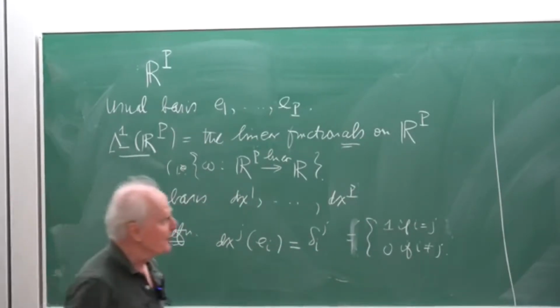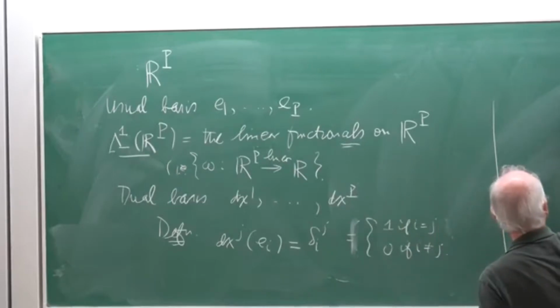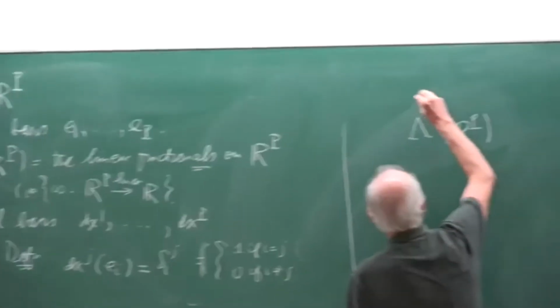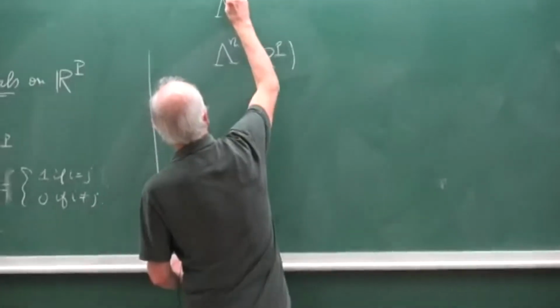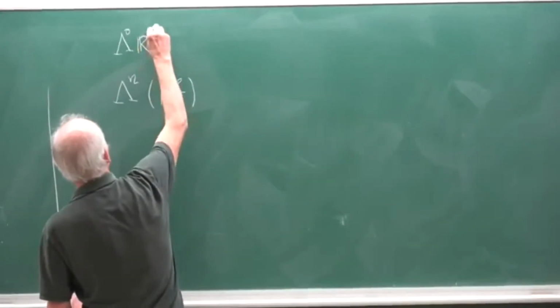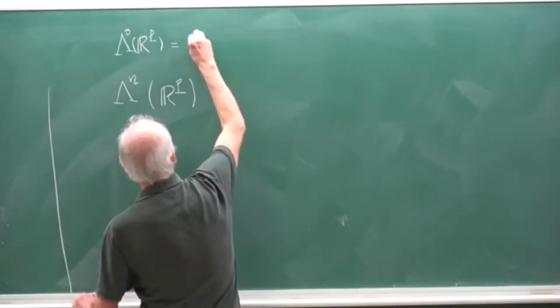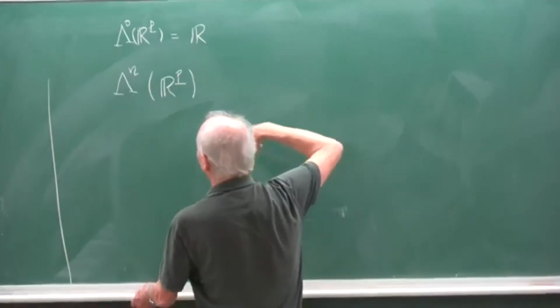And then we want to define the space capital lambda n of Rp. For completeness, let me also define what lambda 0 of Rp means. That just means the reals. It's the field in question, which is R in this case.